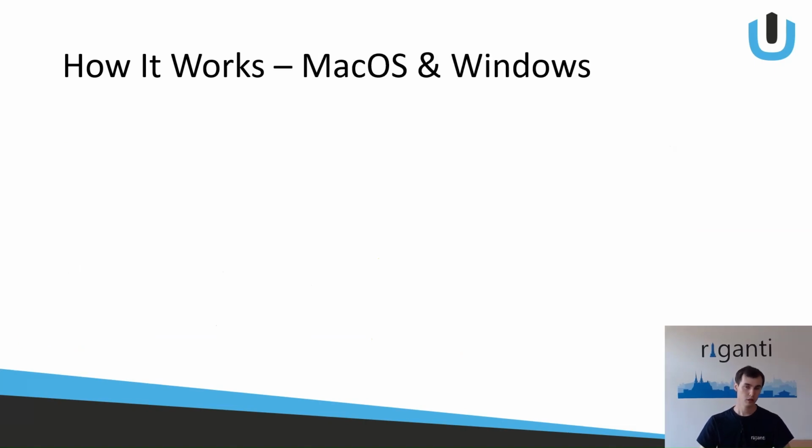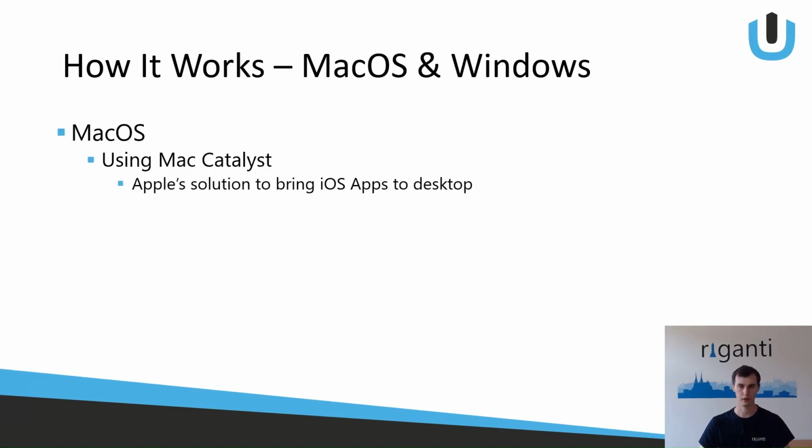On macOS and Windows, these are the new environments that we get with MAUI. On macOS, it's using macOS Catalyst, which is a technology for iOS developers to bring their apps to Mac. And this gives us the ability to create our applications once and deploy them on iOS and macOS.